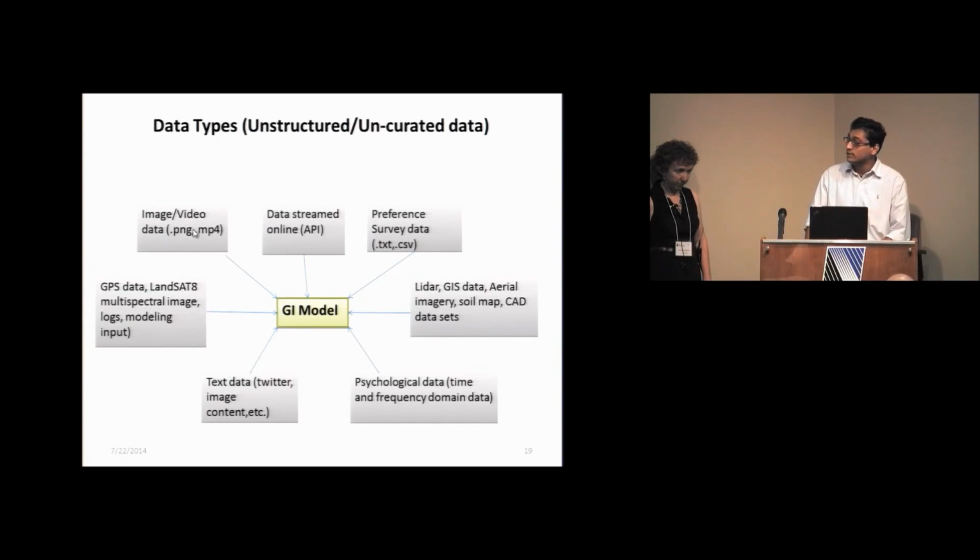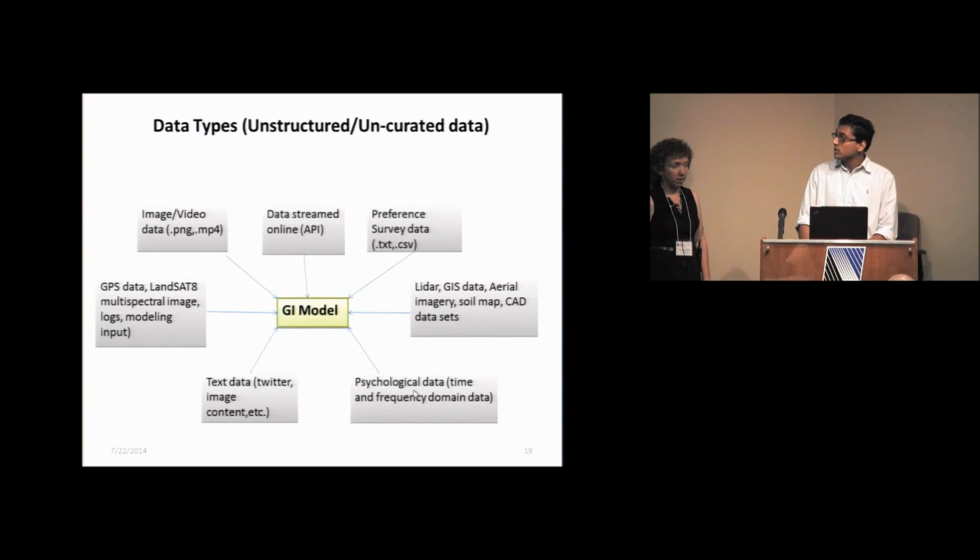We have video data for human preferences, which is itself unstructured data. We have data streamed online through APIs like the Google Street View API. We have the Twitter API, and we have text data mined through scraping blogs and comments, what people are saying about green infrastructure, whether they have positive or negative opinions. We have psychological data, which Professor Sullivan's lab is collecting.